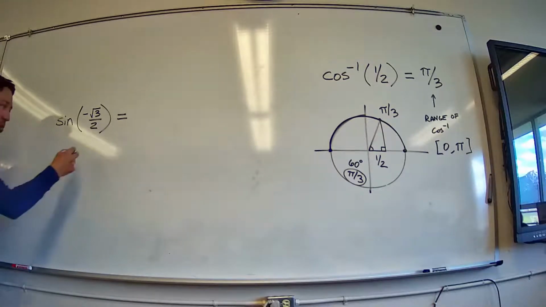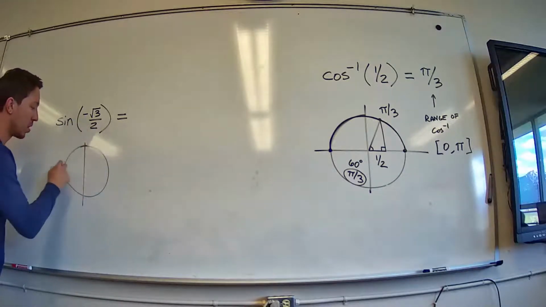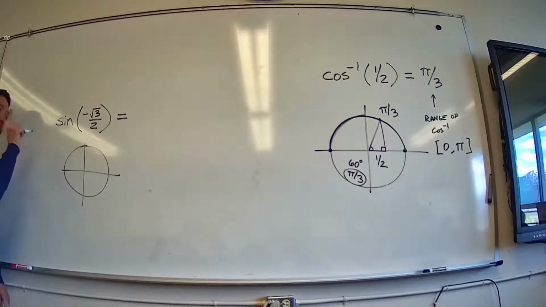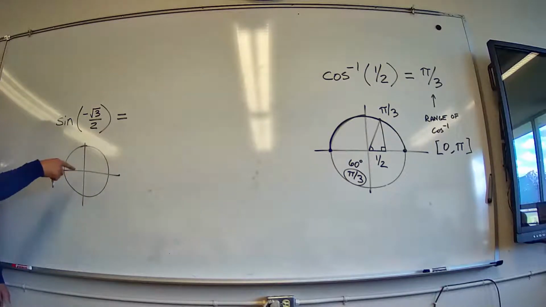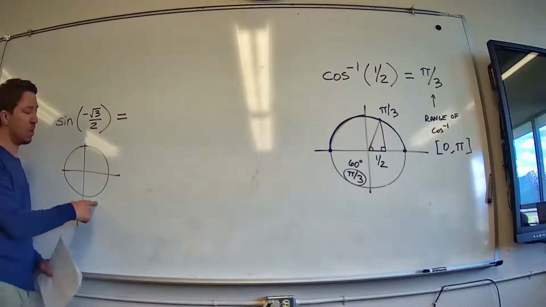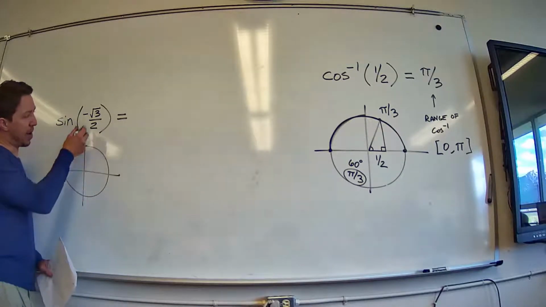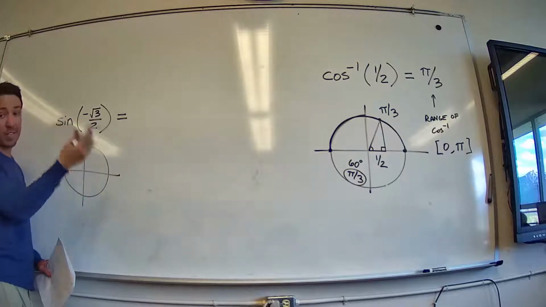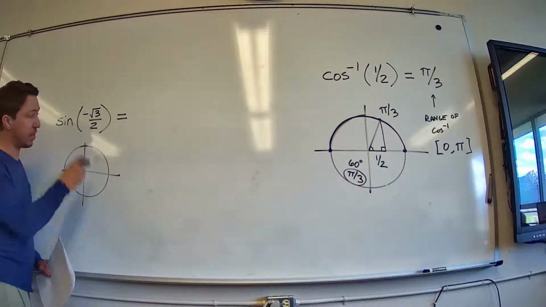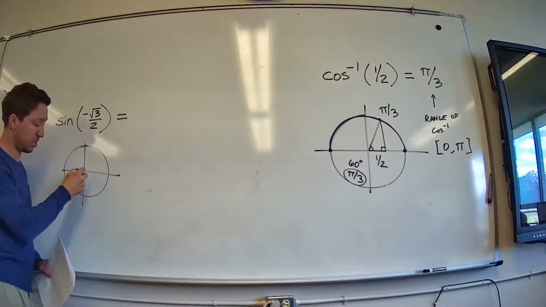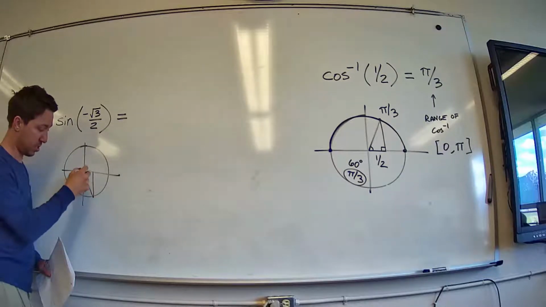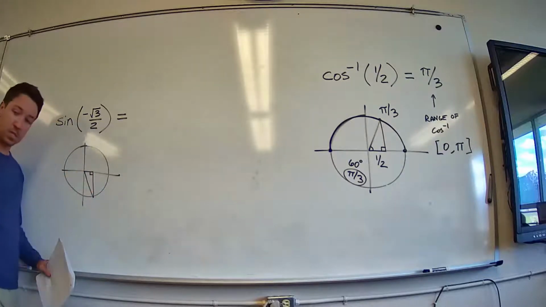What location on the unit circle would give us, first of all, a negative sine value? So where do I live? Down in the bottom, down here. And how do I make it so that the sine value, the y value, is this?